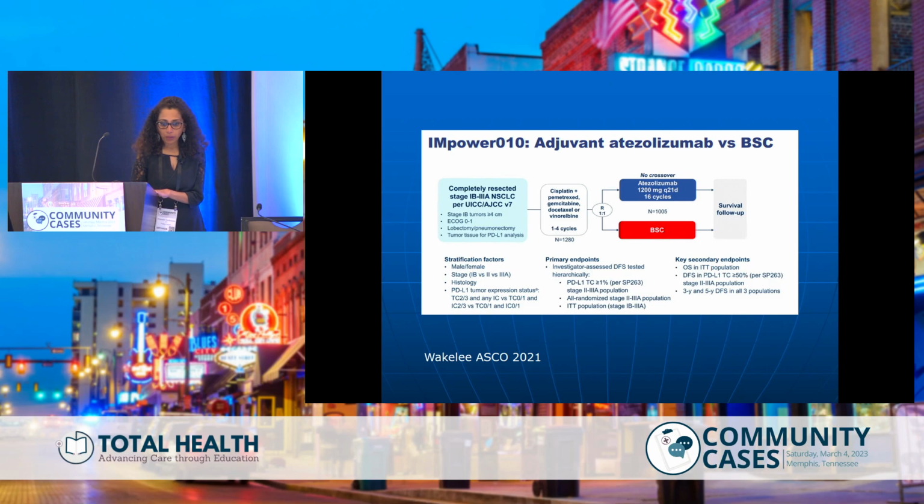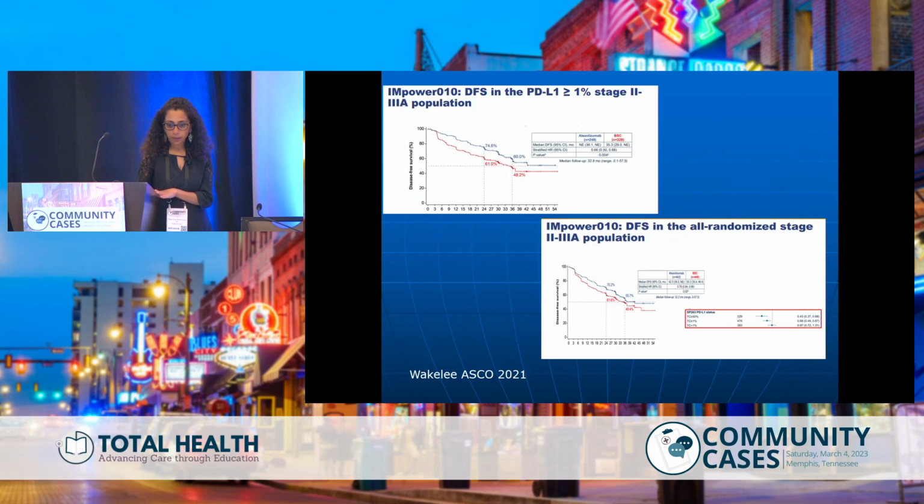So Empower, moving on to, this is adjuvant atezo versus best supportive care. Patients with resected tumors, stage 1B, tumors more than 4 centimeter or higher. Cisplatin plus pemetrexed, gemcitabine, or docetaxel of choice, 1 to 4 cycles, randomized to atezo versus best supportive care.